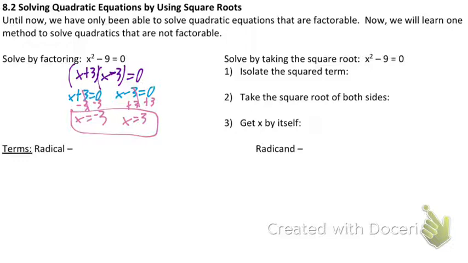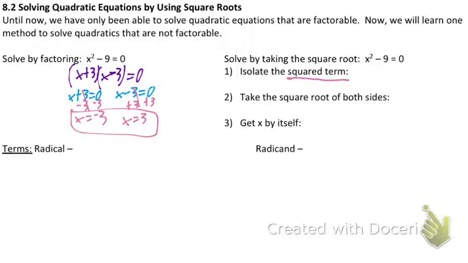So what we have to do is we have to isolate the squared term. Isolate means to do what? Get it by itself. We've been working on isolating variables a lot of the year, right? Okay. So to isolate, we need to get it by itself. So we say isolate the squared term. I'm going to underline that, squared term. So we say, hey, what is being squared here? x is being squared here. x, we actively see the exponent of 2 on.